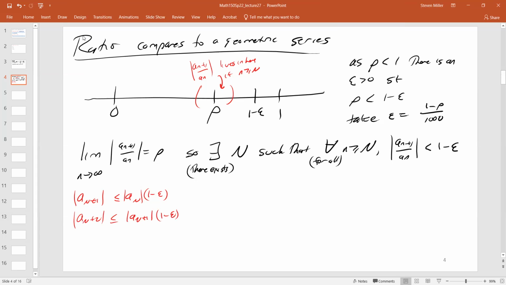So this then just becomes the absolute value of a_N times (1 minus epsilon) squared. If I did a_{N+3}, that'd be less than or equal to a_{N+2} times 1 minus epsilon. So what would that be less than? Yeah, a_N times (1 minus epsilon) cubed. So it's a geometric series. And what is the ratio?